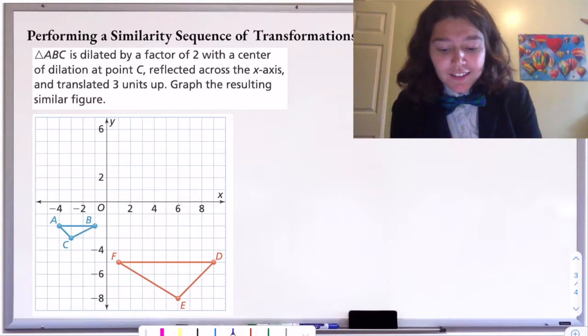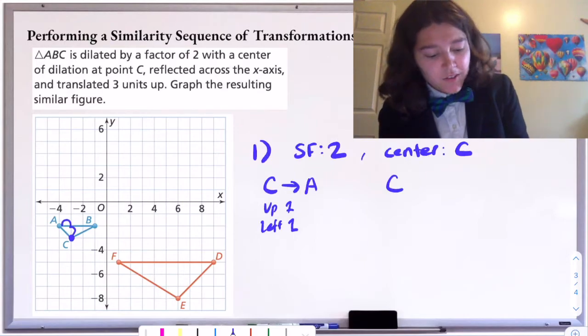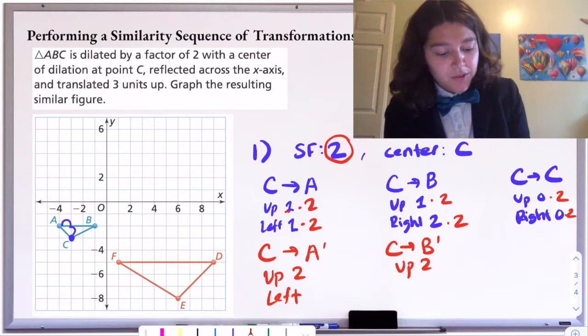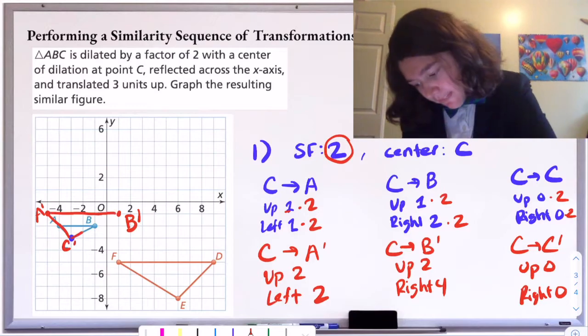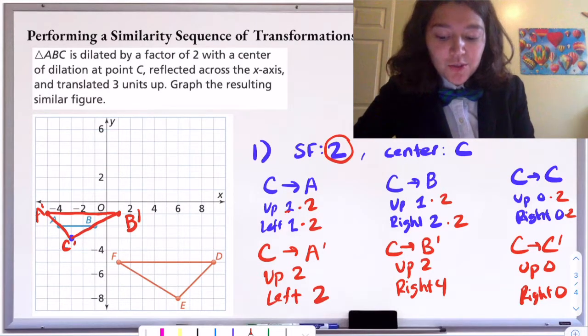Triangle ABC is dilated by a factor of 2 with a center of dilation at point C. How to dilate a shape isn't the point of this video, so I'll just fast forward through this. But if you're still struggling with how to dilate a shape, then you should go back to the dilations video to see that. So when I dilate triangle ABC by a scale factor of 2 and a center at point C, I get this new shape, A prime, B prime, C prime.